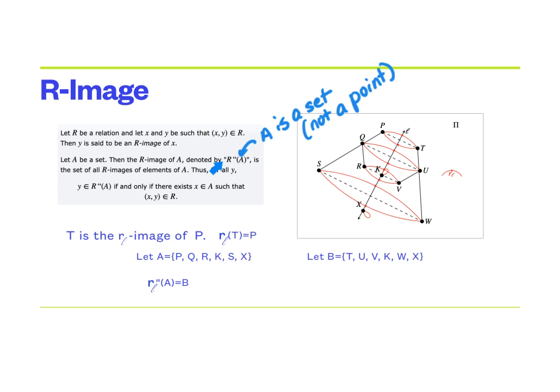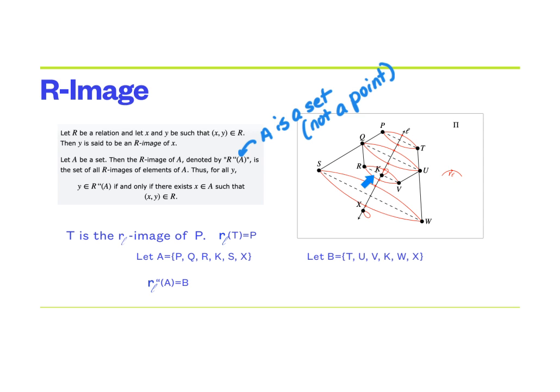So it's denoted R double prime of A. R image of A is the set of all R images of elements of A. Thus, for all Y, Y is an element of the R image of A if and only if there exists X in my set A, such that X, Y is an element of my relation. So again, this quote mark here means it's a set.